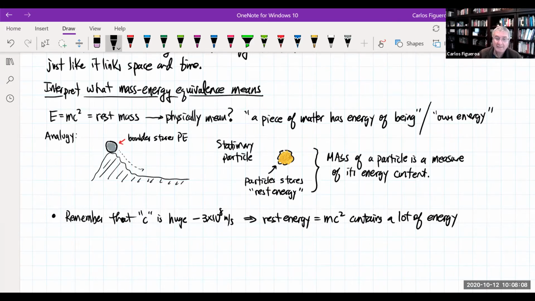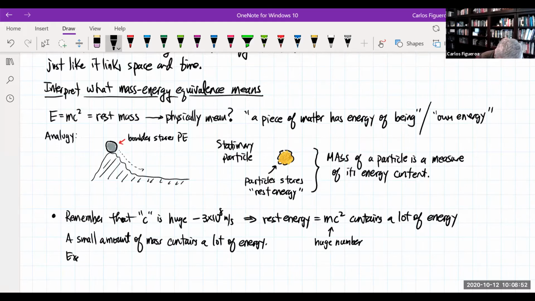So if I write m times c squared, then the energy involved here is huge. It's a huge number, right? So a small amount of mass can put out a huge amount of energy because of that c squared. In other words, a small amount of mass contains a lot of energy.